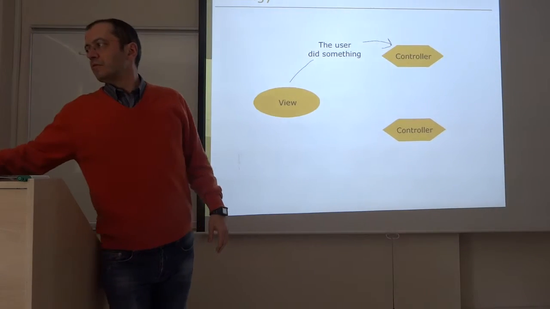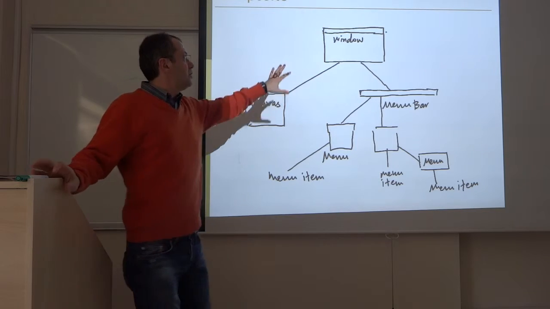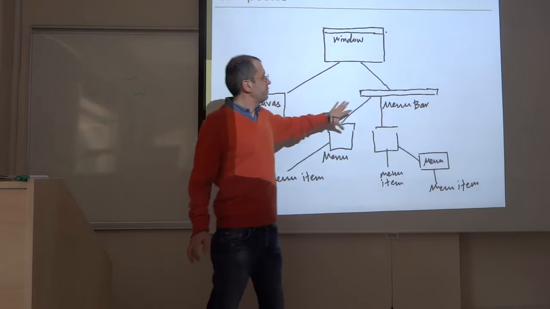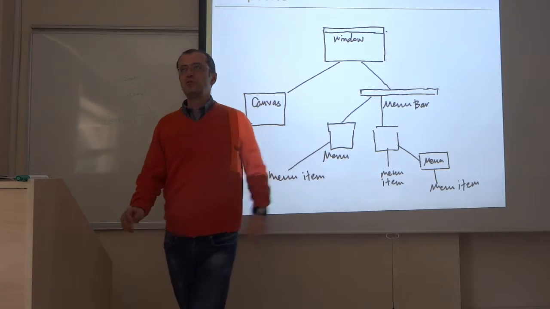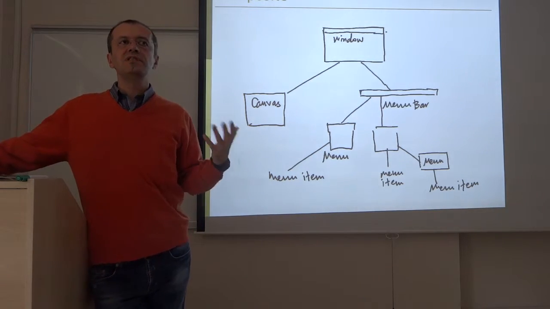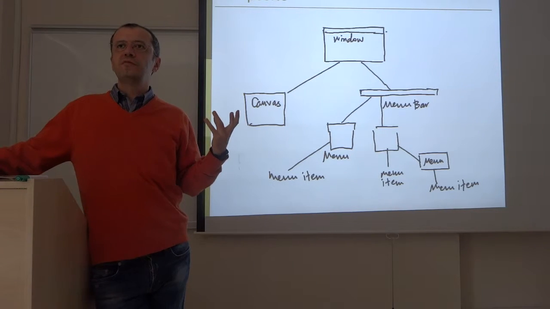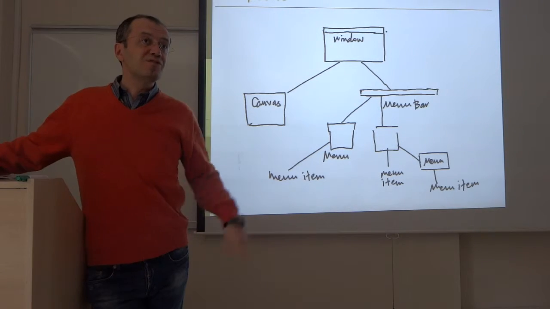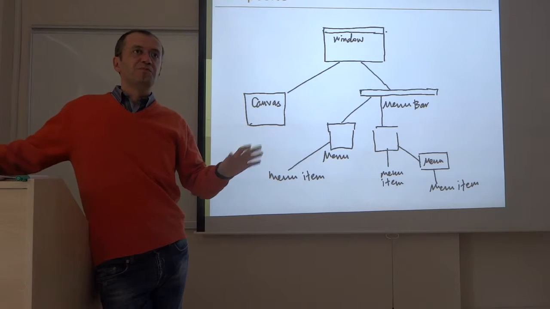And with the composite, I have a window, I have a canvas, I have a menu bar, I have different elements. So this is a composite pattern. This is why I said MVC is actually a collection of patterns. It should be the better word for that, right?